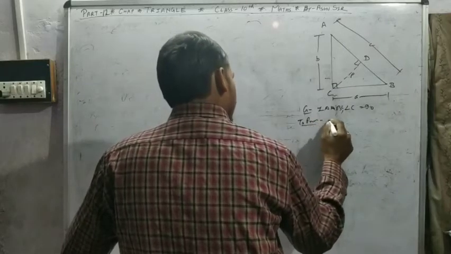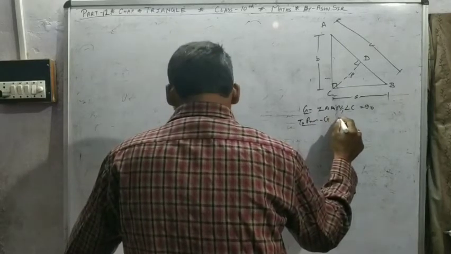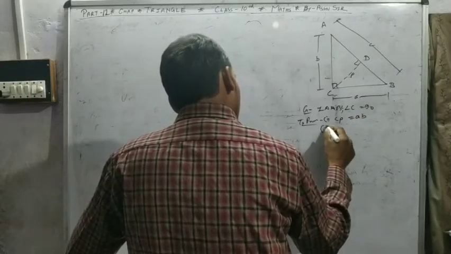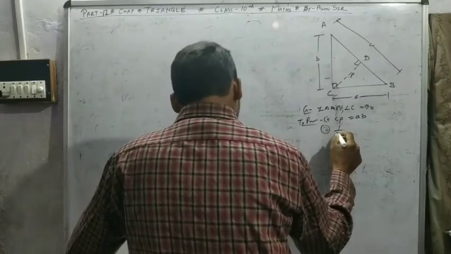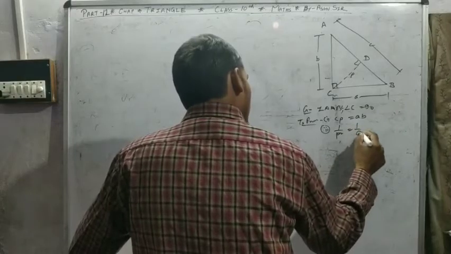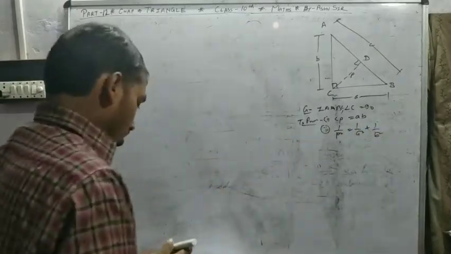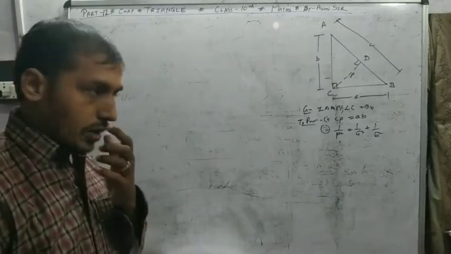Prove that first, CP is equal to AB. Second, 1 upon P square is equal to 1 upon A square plus 1 upon B square. This question has come in the board examination 2 times.